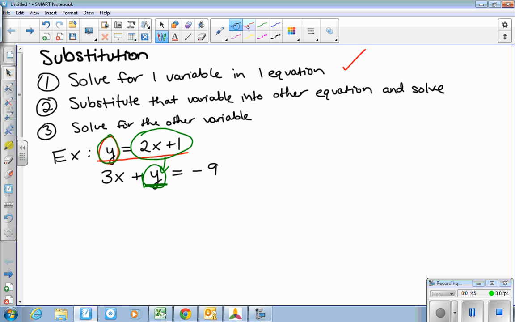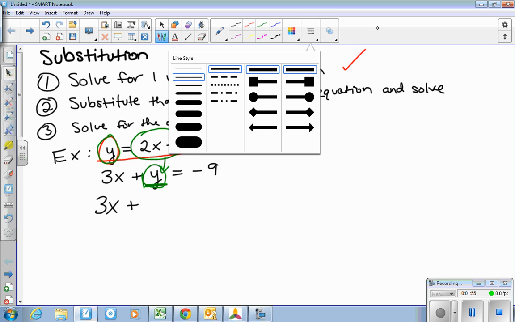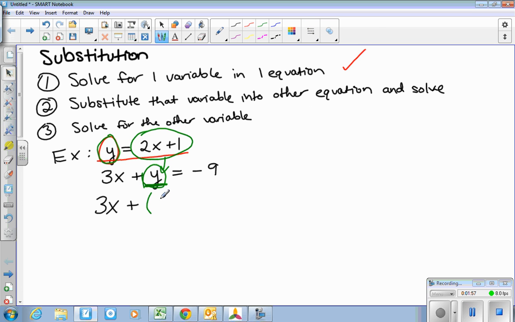So now what you'll see is we're going to have 3x plus, but instead of writing y, I'm going to plug in what y is equal to. Well, y is equal to 2x plus 1. So notice how that got written instead of the y. The rest of the equation looks the same. So then you're going to get equals -9.